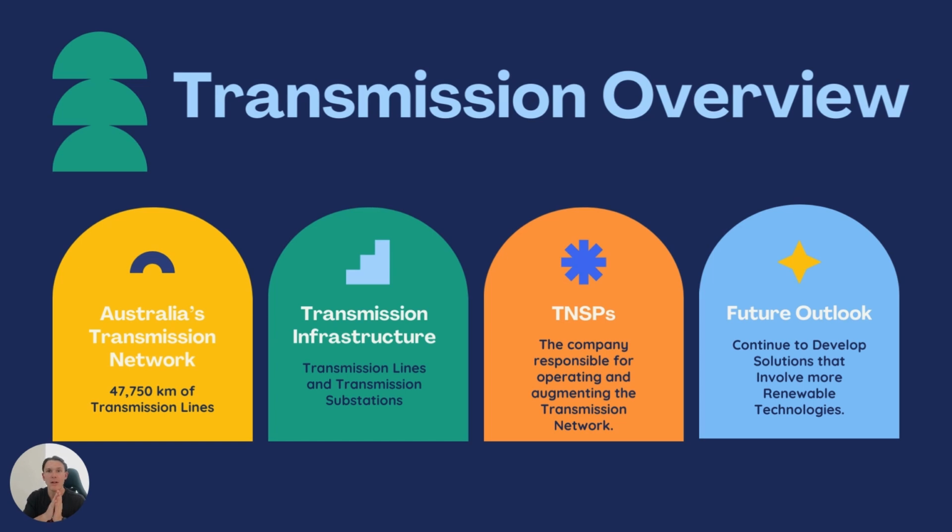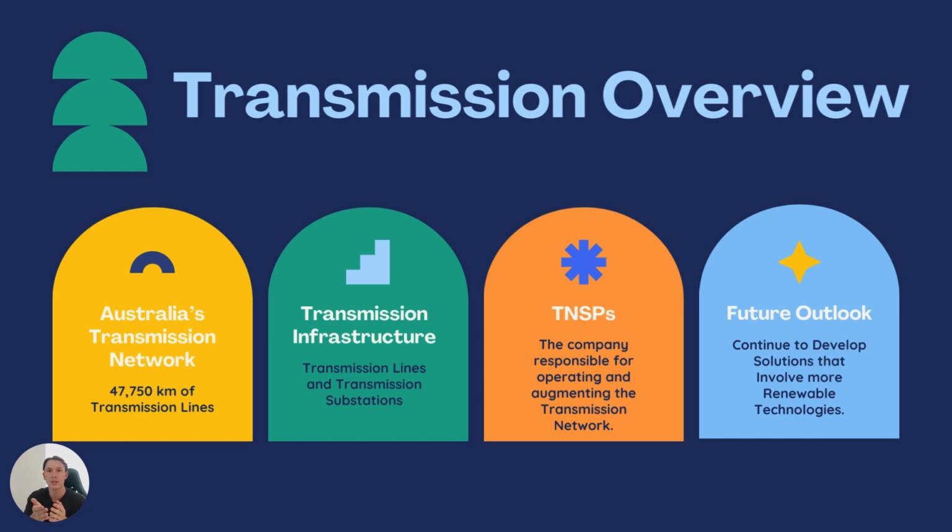Alrighty, so we're at the end. A quick overview. As I said before, Australia's transmission network is nearly 50,000 kilometers of transmission lines. However, the transmission infrastructure is not only lines, we have to have transmission substations to allow those connections to both generation and the distribution network.